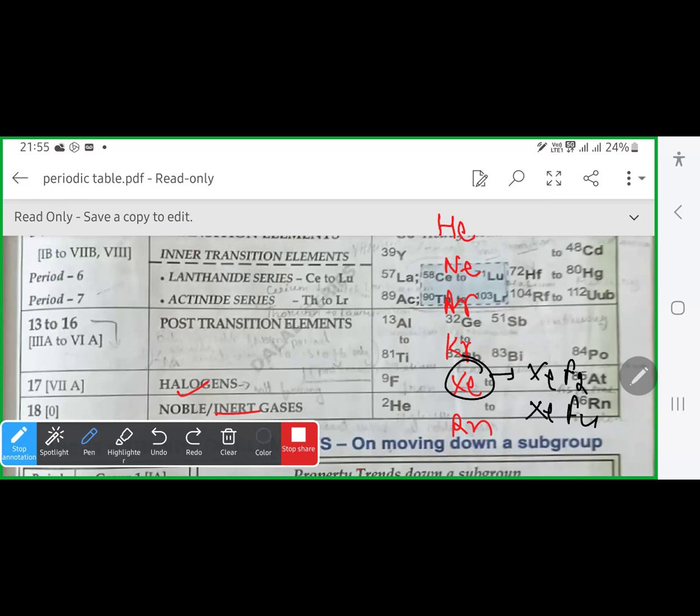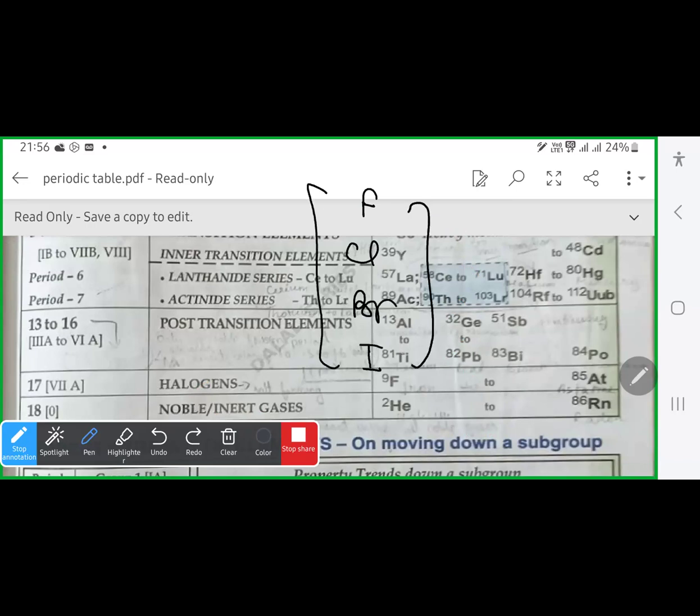And group 17 elements, that is fluorine, chlorine, and so on. Clear?